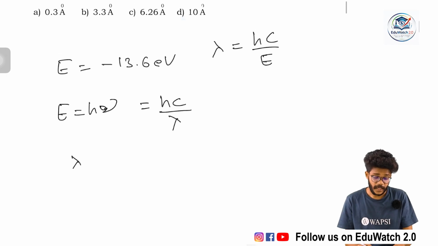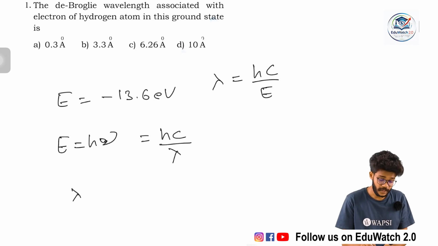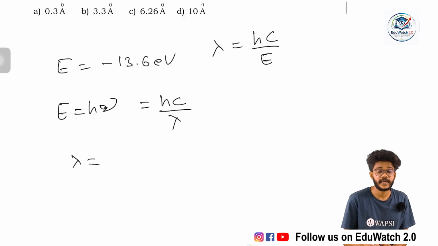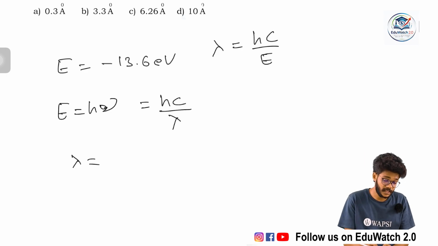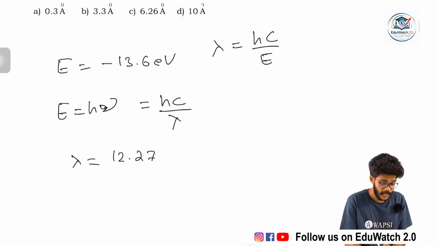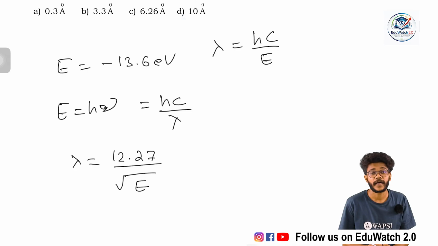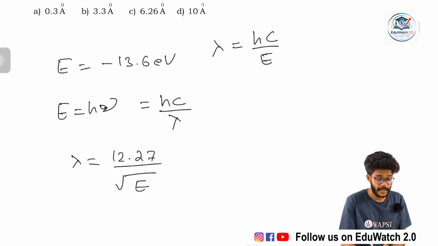If the energy is in electron volt, the wavelength can be found by a direct equation. Lambda is equal to 12.27 by root of energy angstrom.